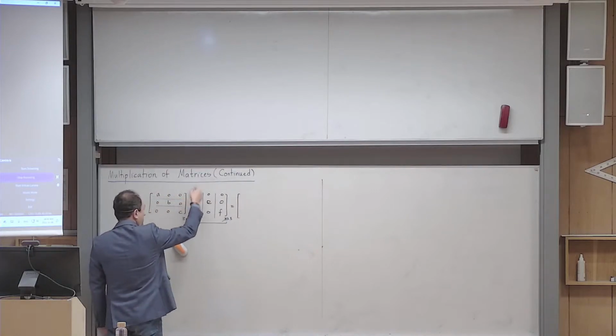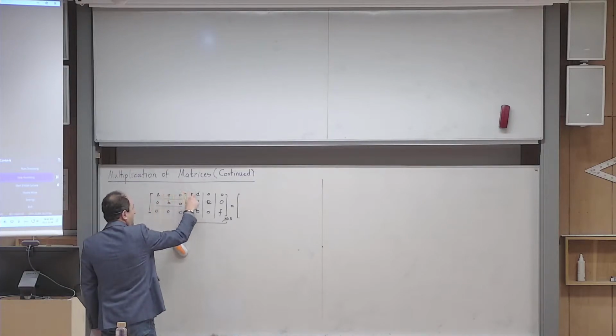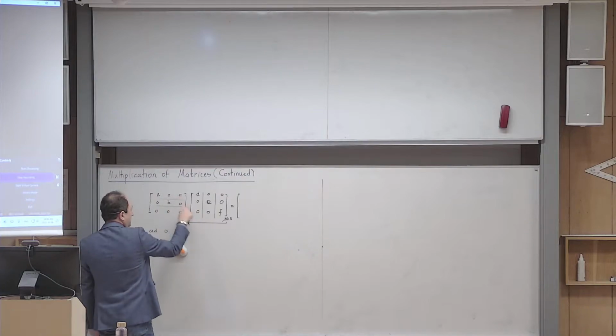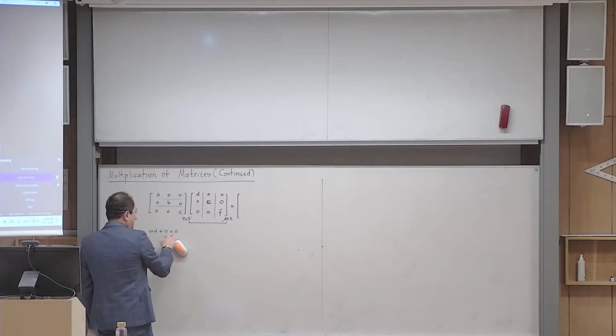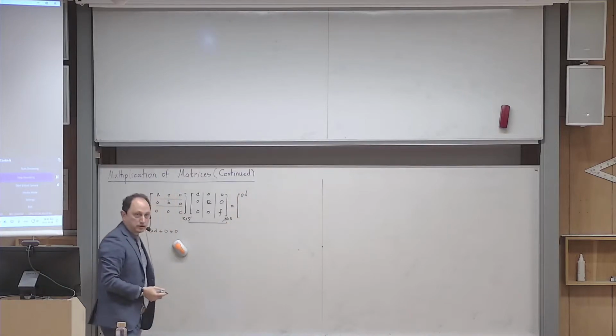I multiply the first one by the first one, which is AD, the second one by the second one, which is 0, the third one by the third one, which is 0, and then add them. The result becomes AD, and I put it here. That was the rule we learned, yes?